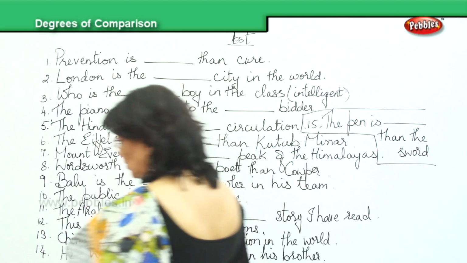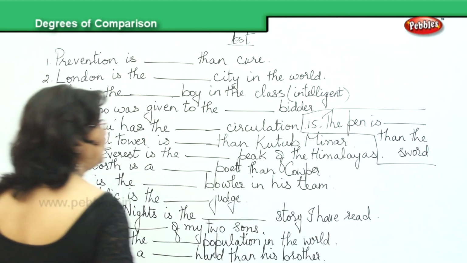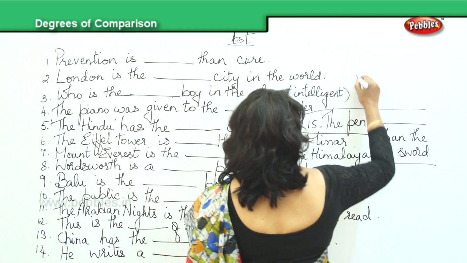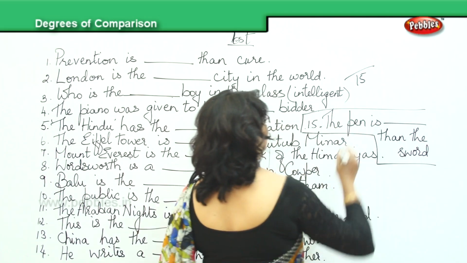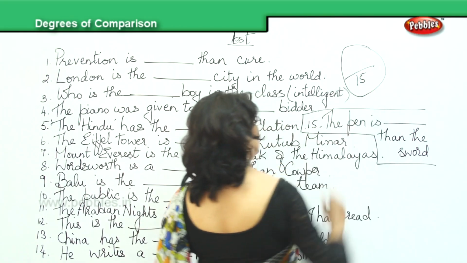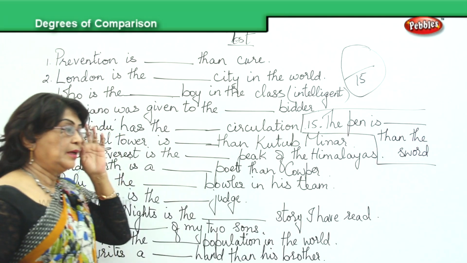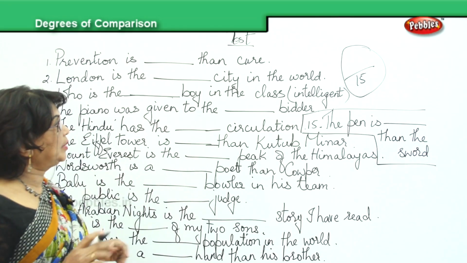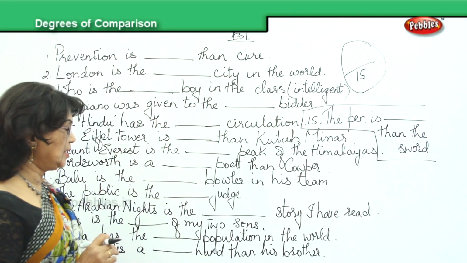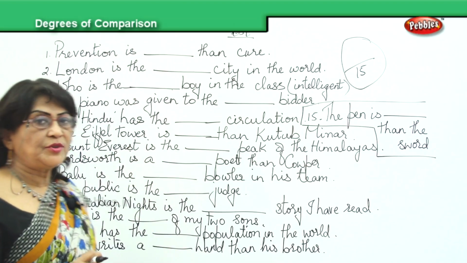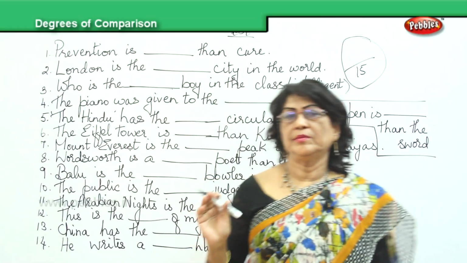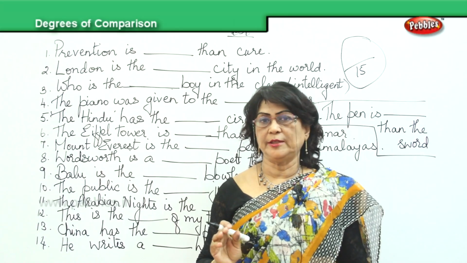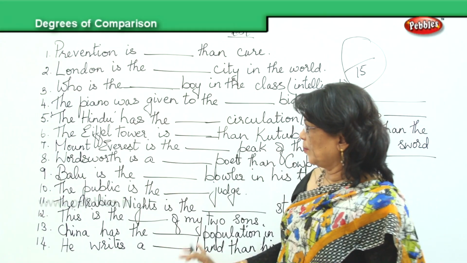Okay, I just wanted to give you a 15 marks test. So I have given you 15 sentences, and you have to give either the comparative or the superlative degree, in the proper order.